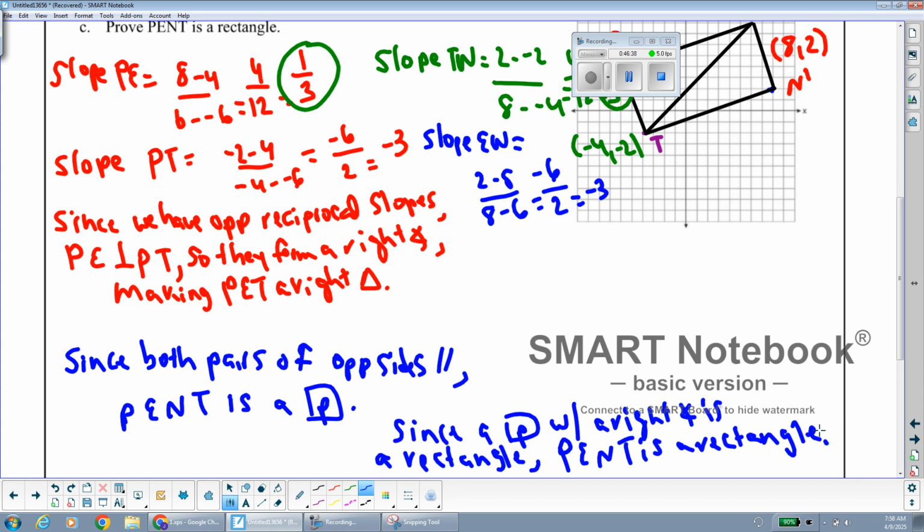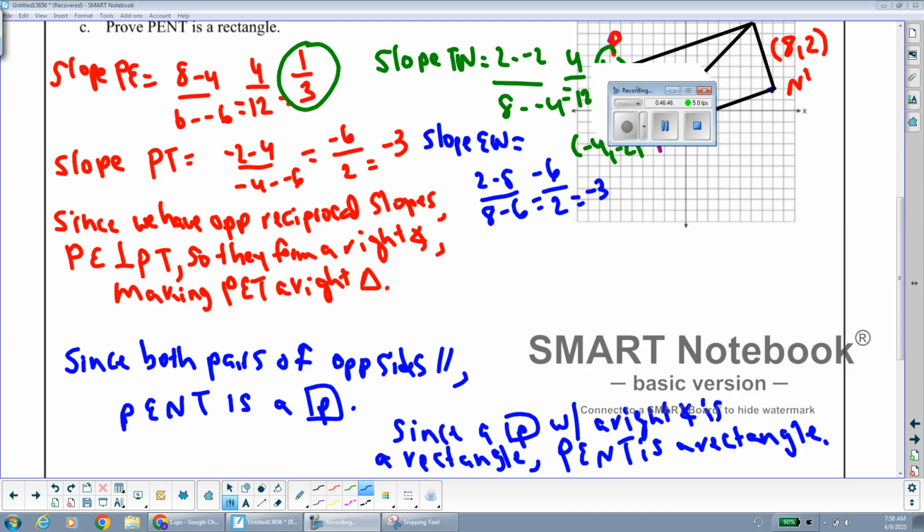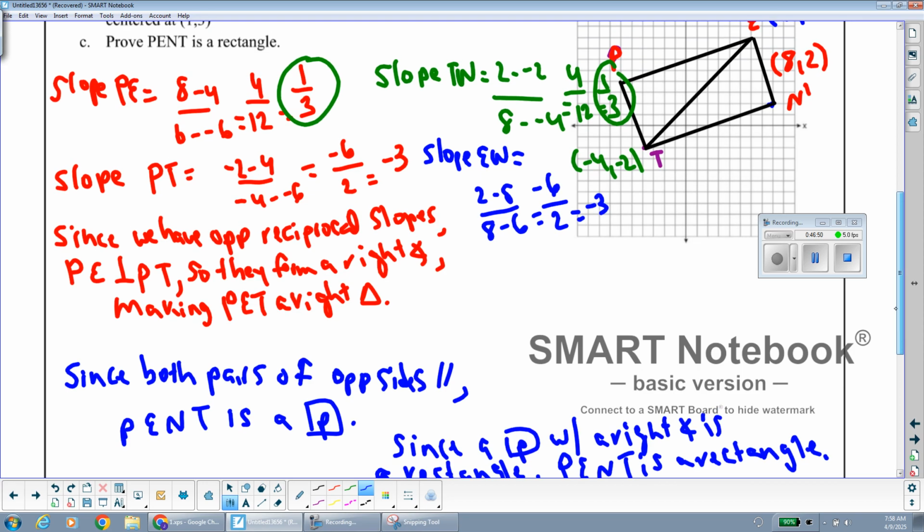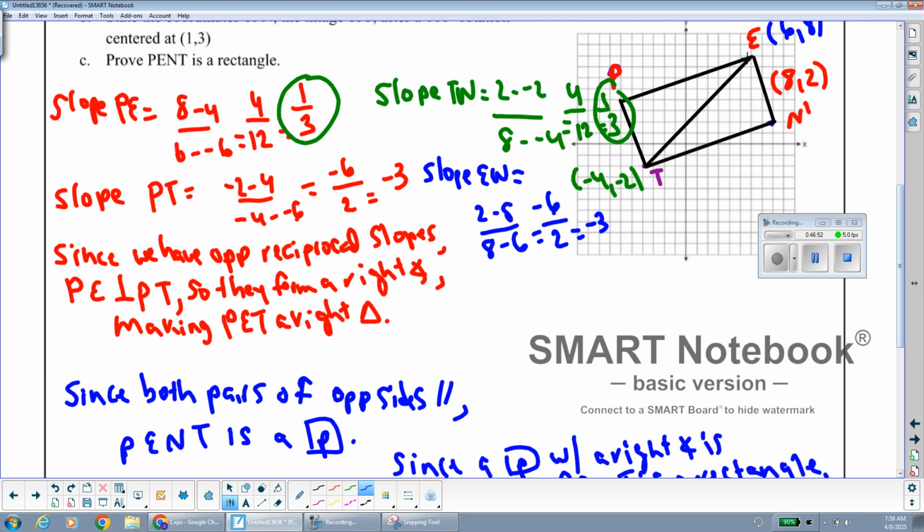We already have the work that shows it's a rectangle because we already showed that there's a right angle in part A. We already showed the opposite reciprocal slopes between PE and PT. So we already showed that, now we've proved it's a parallelogram, and we already showed there's a right angle over here, where PE and PT intersect.